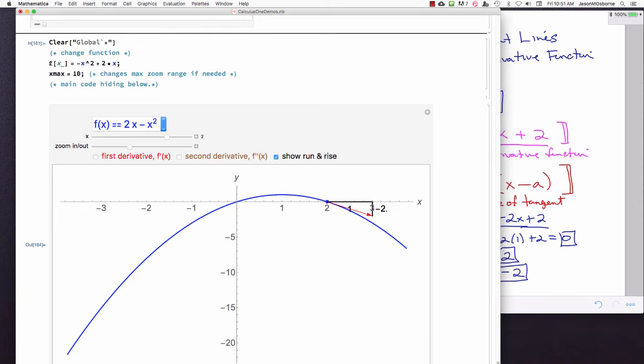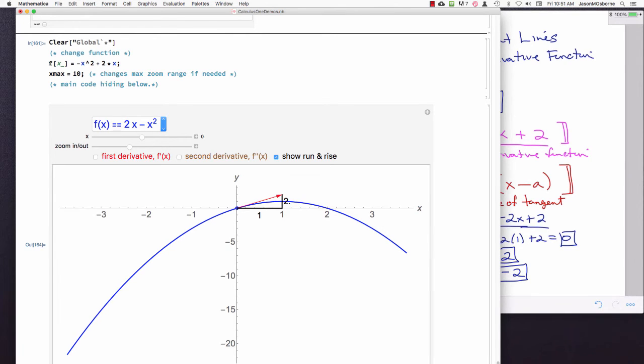If we went to the point 0 for x, our line is sloping upward at that point. If we were following this function and lose grip at that point, we're going to go flying off in the direction of the red arrow.